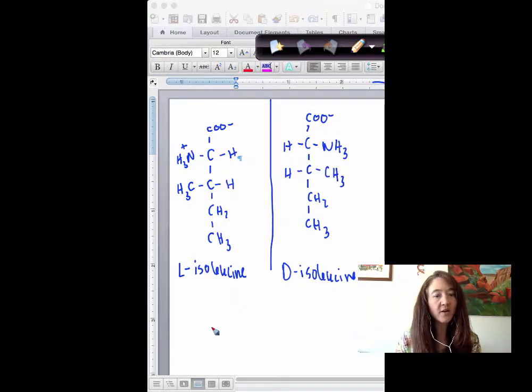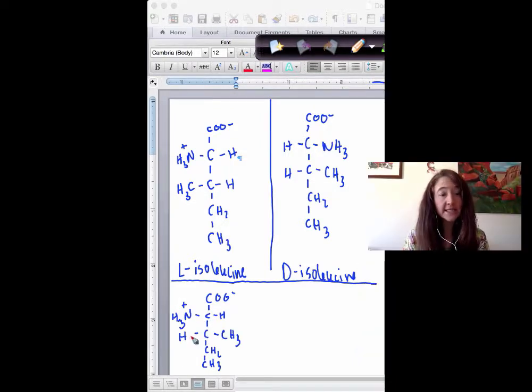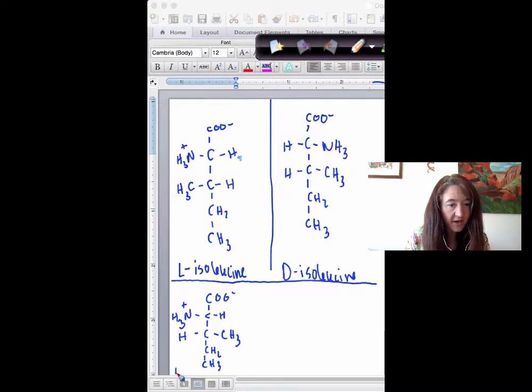So we can go ahead and write the other variation here, which is something called allo-isoleucine. So recognize then that this is allo-isoleucine. So I'm going to go ahead and try to fit the name of that down here. Allo-isoleucine.